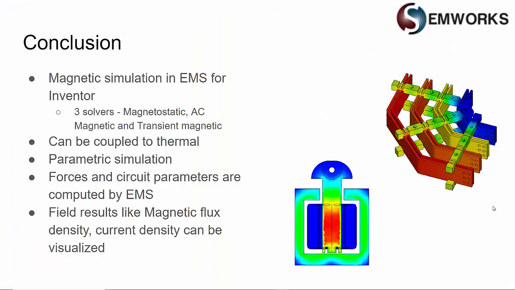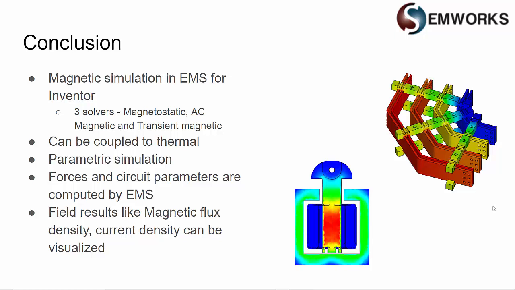Now let us come to the concluding part of this webinar. Let me recap what you saw today. We looked at 2 of the 3 solvers that come with the magnetic simulation in EMS for Inventor. We looked at the magnetostatic and AC magnetic solvers.